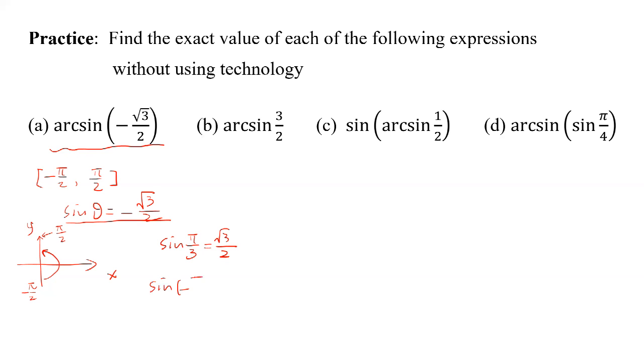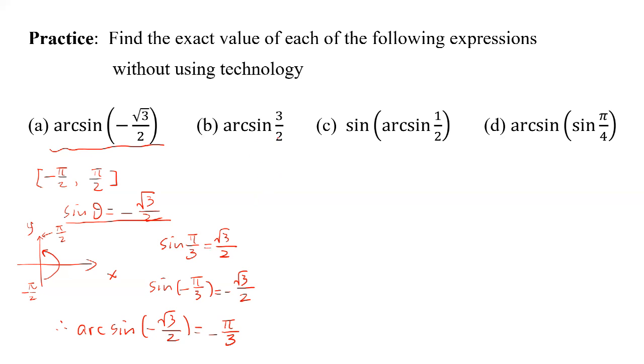And sine of minus 1/3 of pi equals minus square root of 3 over 2, right? So of course, minus pi over 3 is within this interval, right? So here we know that arcsine of minus square root of 3 over 2 must be minus pi over 3, right?